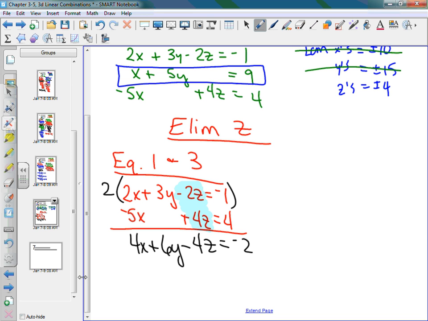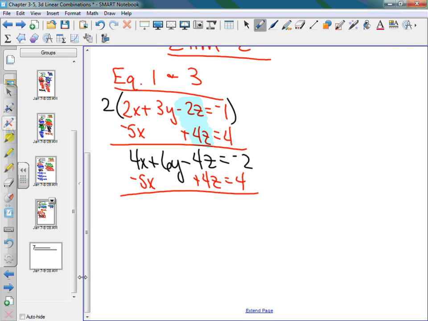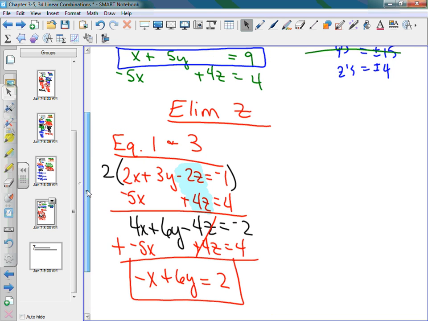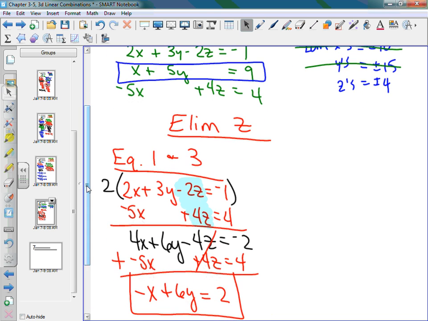And I'm going to drop down my second equation. And what do you do? You add straight down. -x plus 6y, my z's cancel out, and they give me 2. What's boxed in?